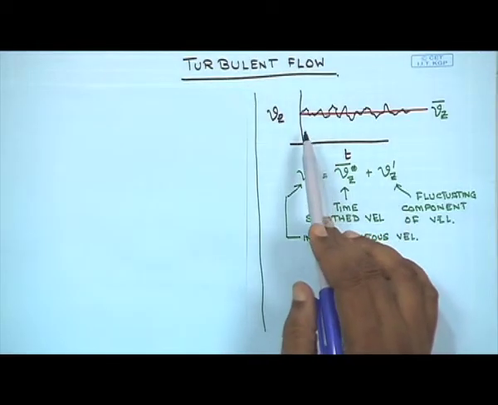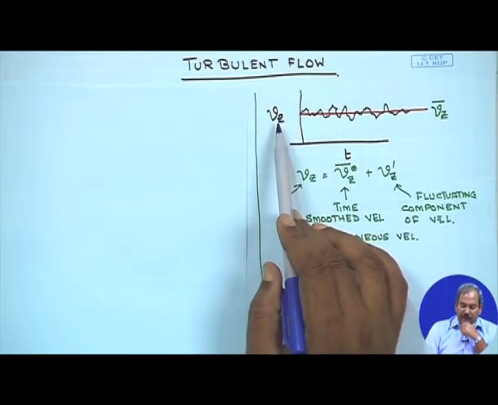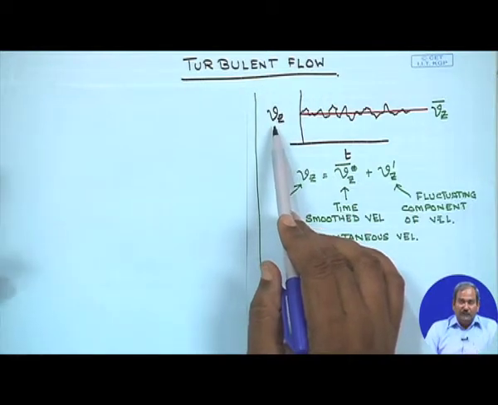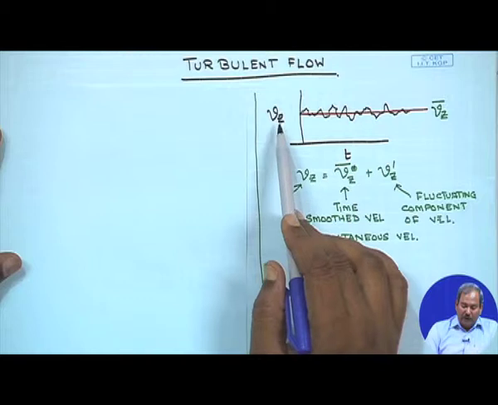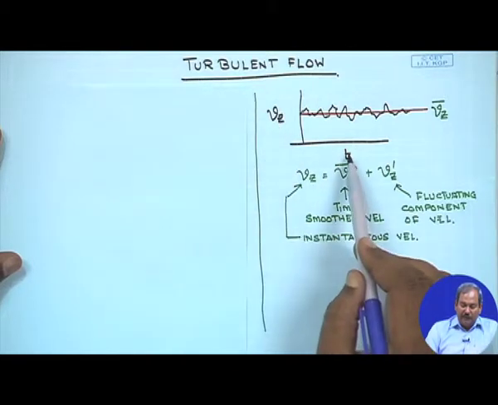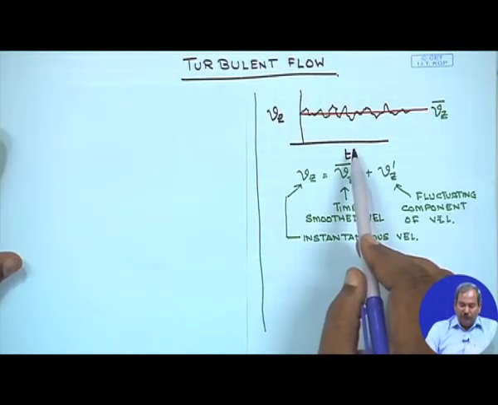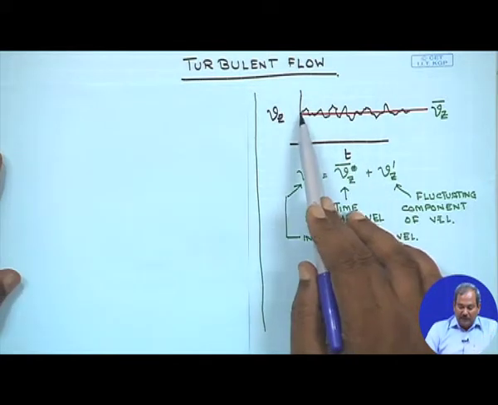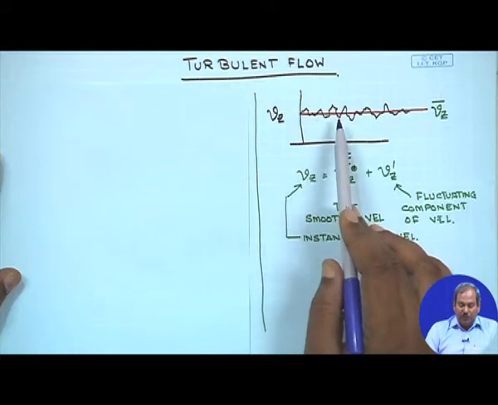But let us come to this part of the turbulent flow. What I have drawn over here is the instantaneous velocity, which is denoted by Vz. This is the axial value of velocity at any given location as a function of time. So far in laminar flow, we used to get only one value of velocity, that is the velocity is a constant, and therefore, it will not fluctuate.